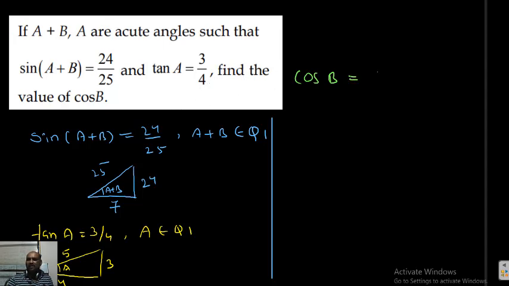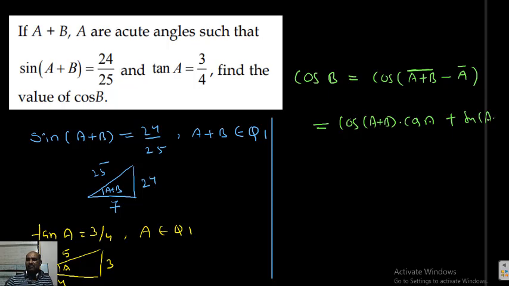So what I can say, cos of a plus b minus a I can write. After cancelling a, cos b only. This is just like cos of P minus Q, cos P cos Q plus sin P sin Q only. So cos of a plus b into cos a plus sin of a plus b into sin a, that's all.